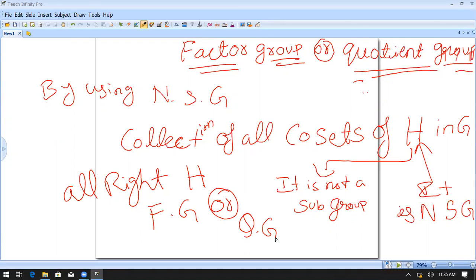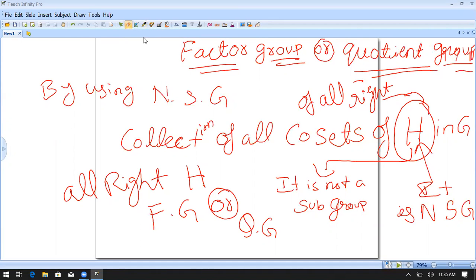So the right cosets of the normal subgroup, we call it a factor of a group or a quotient of a group.